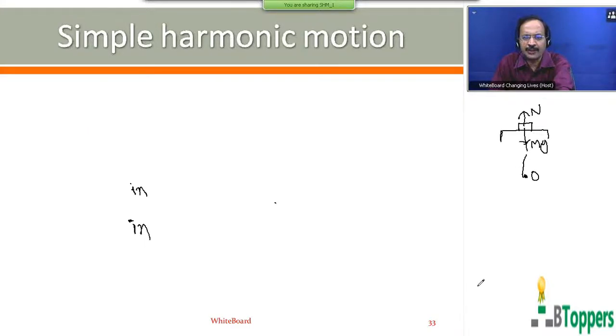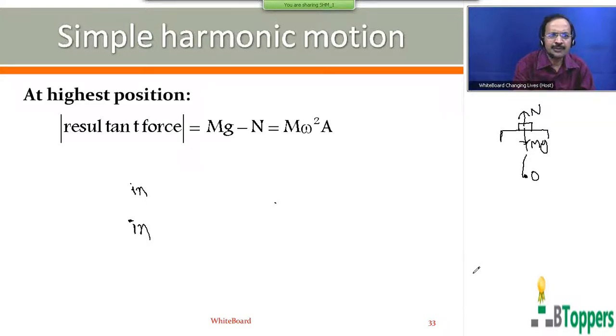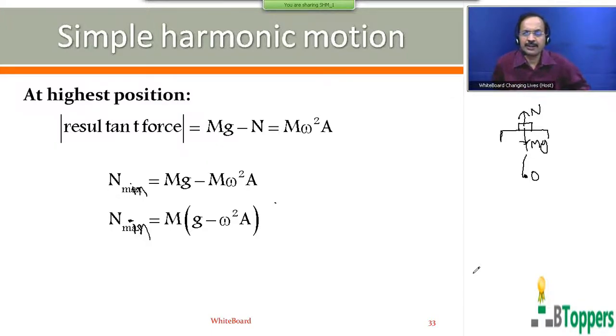Next, at the highest position, the weight mg acts toward the mean position, and the normal reaction acts away from the mean position. So the magnitude of the resultant force is mg minus N, which equals mass into magnitude of acceleration. So the minimum value of N is m into g minus omega square A. Come and take a pause and copy this working.